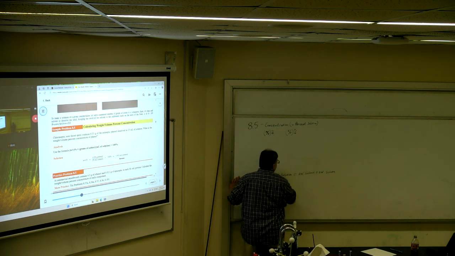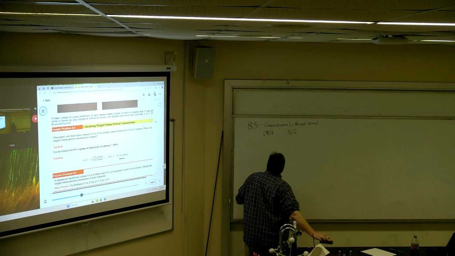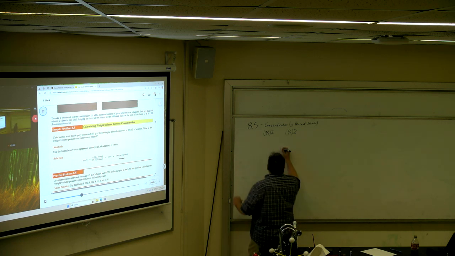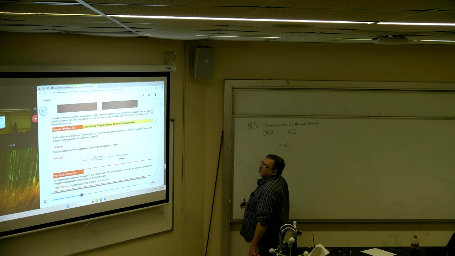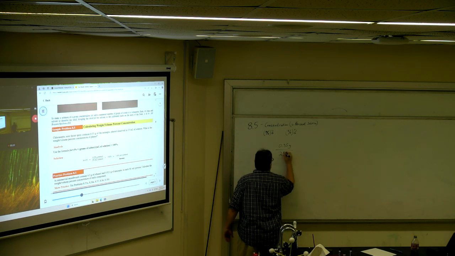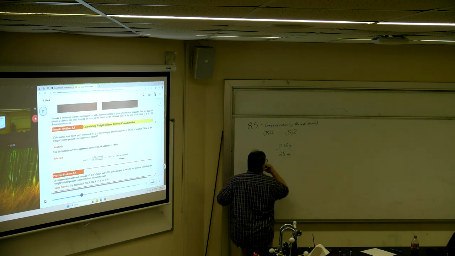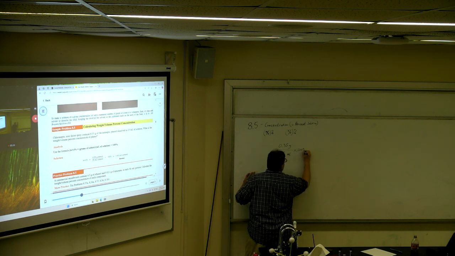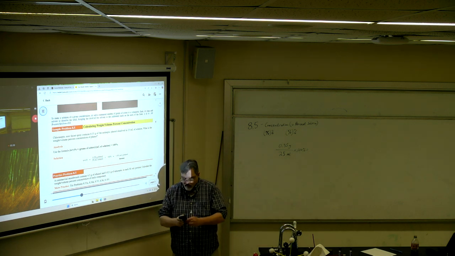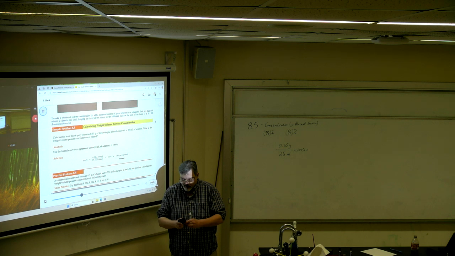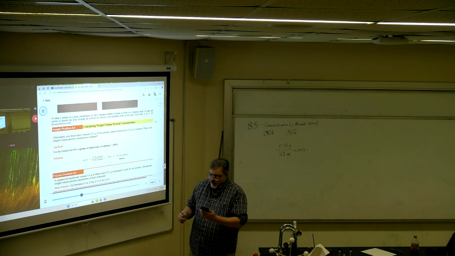These are all in milliliters. So, well, they solve it for you, but you would just go 0.35 divided by 25 times 100, and you get 1.4.